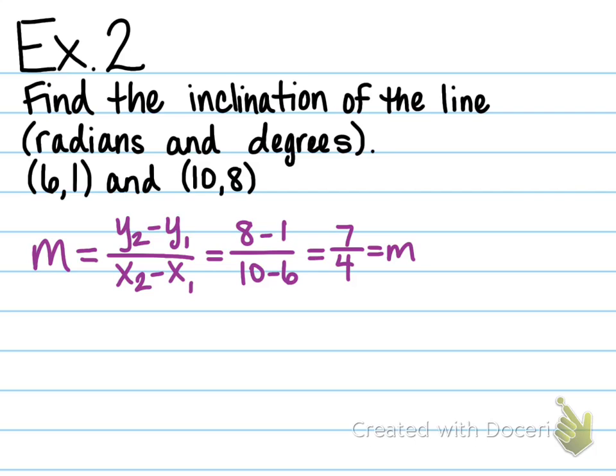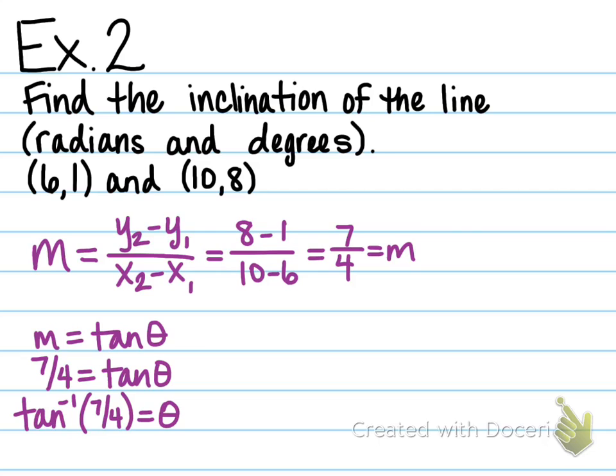So I'm going to plug my slope into the same formula as the last problem, m equals tangent theta. And this time I'm plugging in 7 over 4 for m, and I want to solve for theta. Since 7 over 4 equals tangent of theta, to get rid of the tangent, we have to do the inverse tangent.